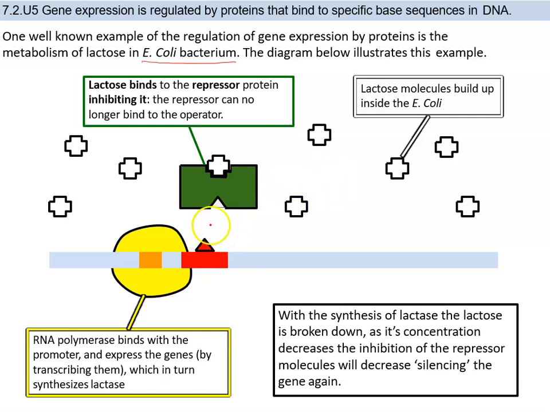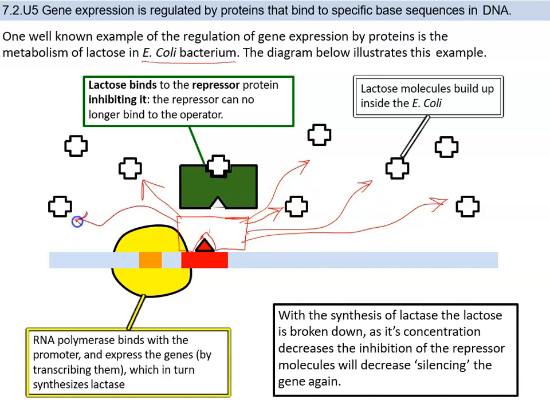In a regular way, at the time that there is no lactose, this repressor is already attached here, and it doesn't allow the expression of the gene. But once there are lactose molecules around, this repressor is not necessarily attached to the operator anymore. So it starts to bind to the lactose molecule.